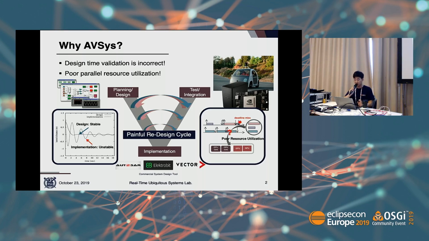So a real-time system has a period, an execution time and a deadline. If you do not manage this well, you could have a catastrophic accident.